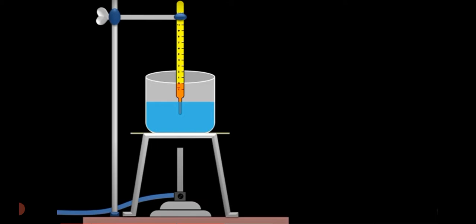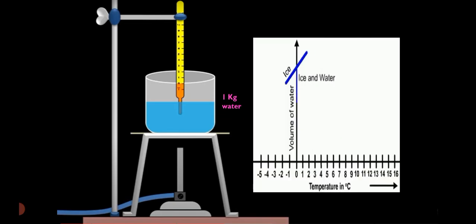Here I'll show you one experiment. I'll show you through this graph that if we take 1 kg water, here you can see the thermometer is put into the water. 1 kg water has been taken, and when this water is heated up, let's see what will happen through this graph.